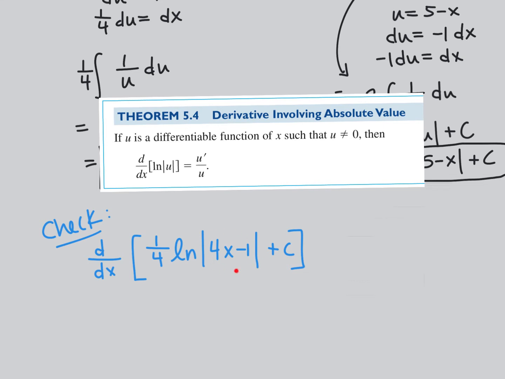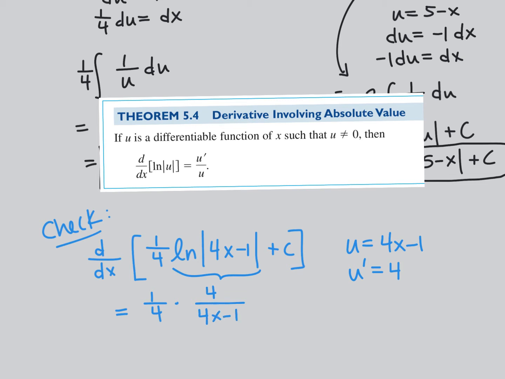So in this case, our u is 4x minus 1, and then our u prime would end up being 4. So when taking this derivative here, we'll still have the 1/4 out in front. This right here, the natural log of the absolute value of 4x minus 1, using our derivative rule, we'll get 4 over 4x minus 1.